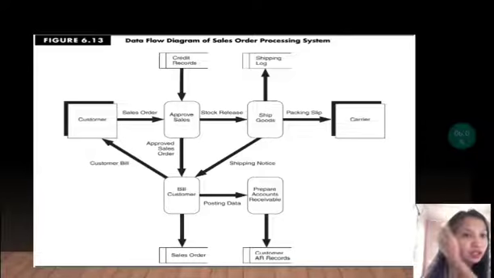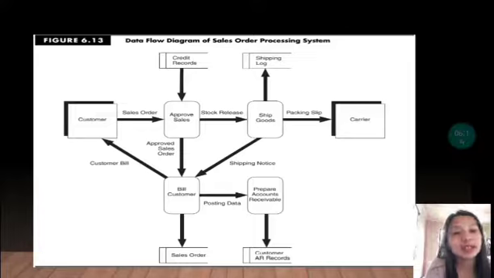As you have noticed, there are verbs there: approve, ship, bill, and prepare. These are the descriptive verbs. That is the process. For the data store names, we have the credit records, shipping log, customer AR records, and sales orders. So this is where they store the data.